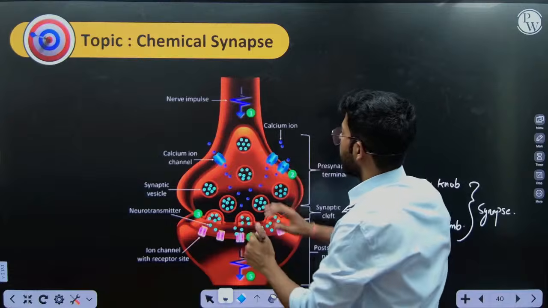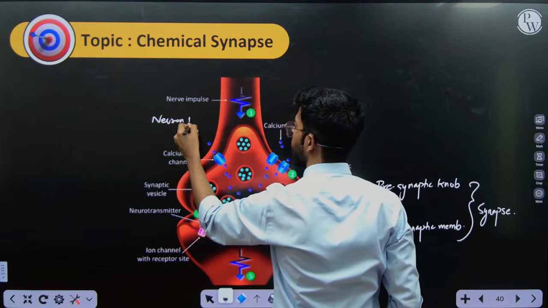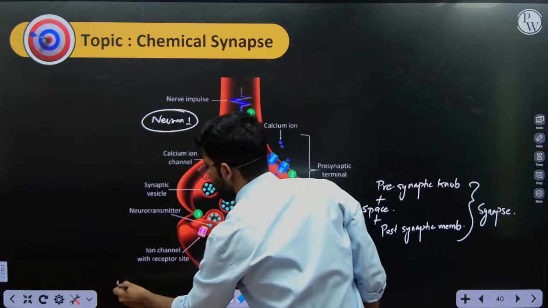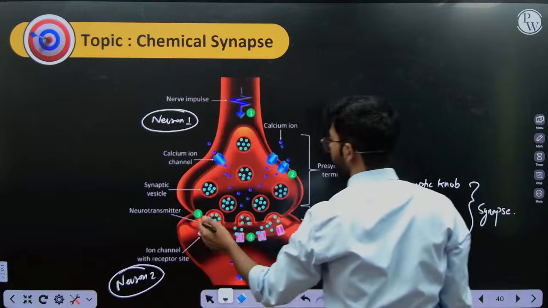So this is neuron 1, and this is neuron 2.